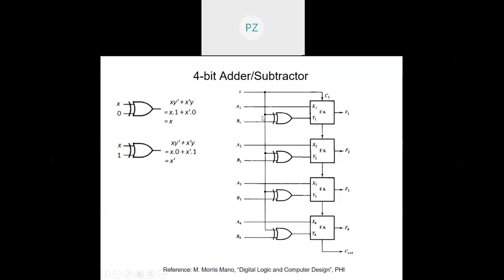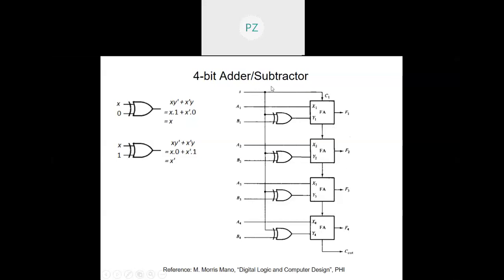Since S is 0, I'll get B1 at the output, as we have seen: whatever the input is comes out when the other input is 0. Likewise, this S is going to all the exclusive ORs here. So I'll get Y1 as B1, Y2 as B2, Y3 as B3, Y4 as B4. This is the final carry, and the intermediate carries keep rippling through. So it is very similar to the previous slide, a parallel adder, when S is 0.